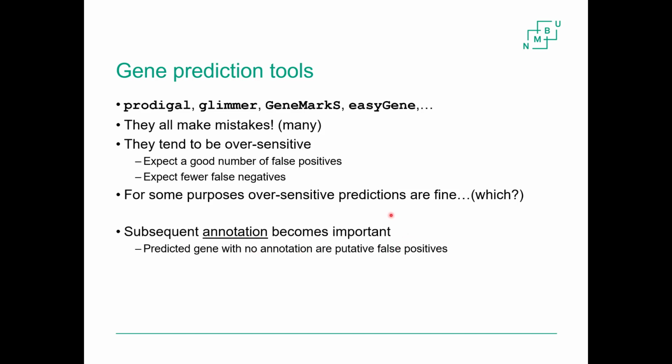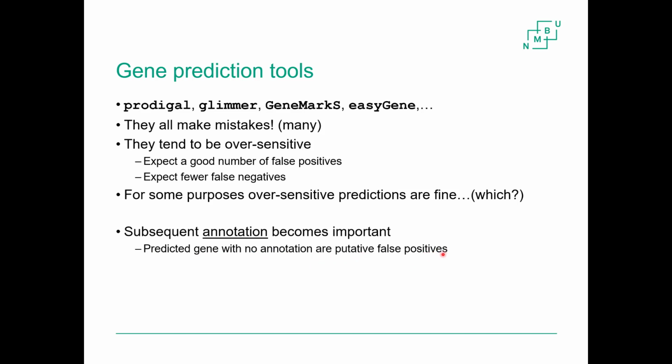And I should also say that because we have this oversensitivity, the annotation becomes important. So assigning some function to these predicted genes, that's the next step. And we will do that, but not in this talk. And typically those predicted genes that get no annotation, they are candidates for being the false positives, right?